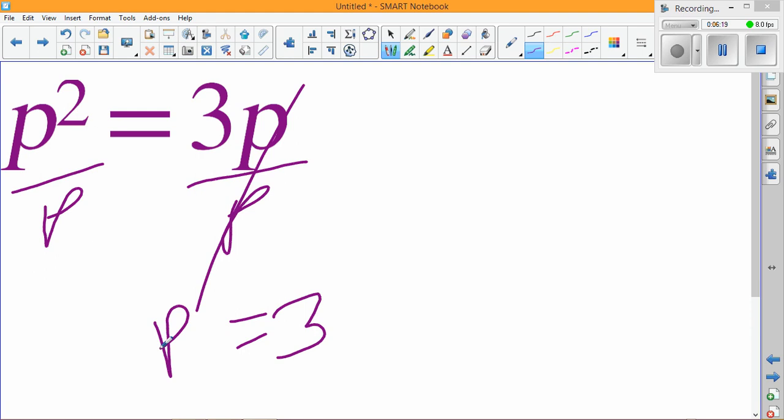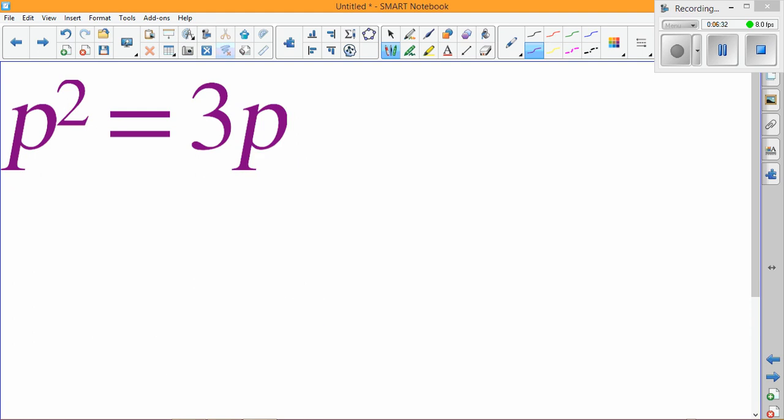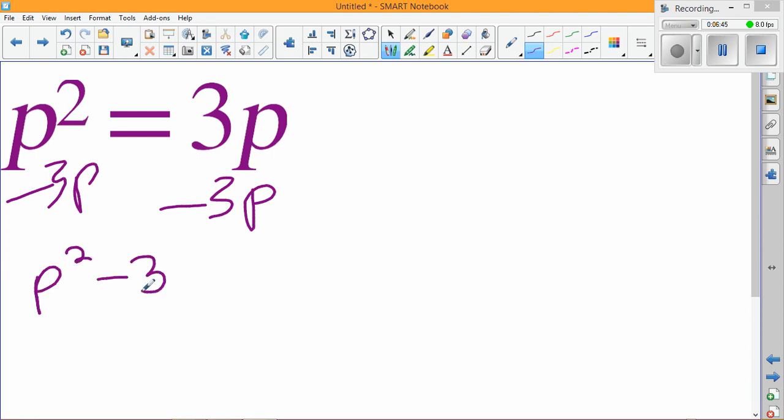And if you notice, if I put in 0, 0 squared is 0, and 3 times 0 is also 0. So 0 is a solution, but we've just lost that solution by solving it that way. So let's use our new trick called the zero product property, and let's subtract 3p on both sides instead of dividing. That leaves me with p squared minus 3p on this side, and then 3p minus 3p is 0.